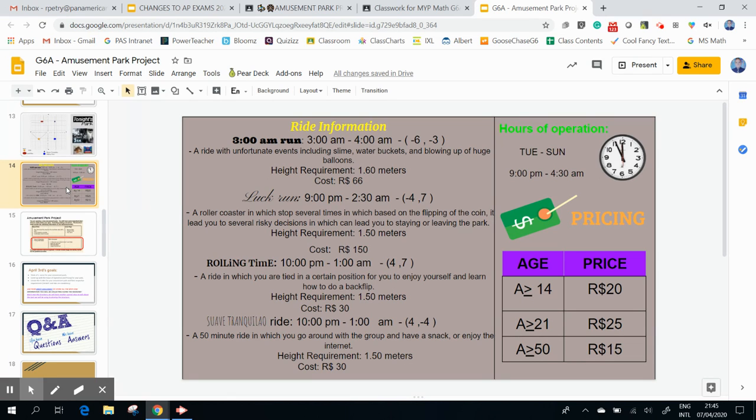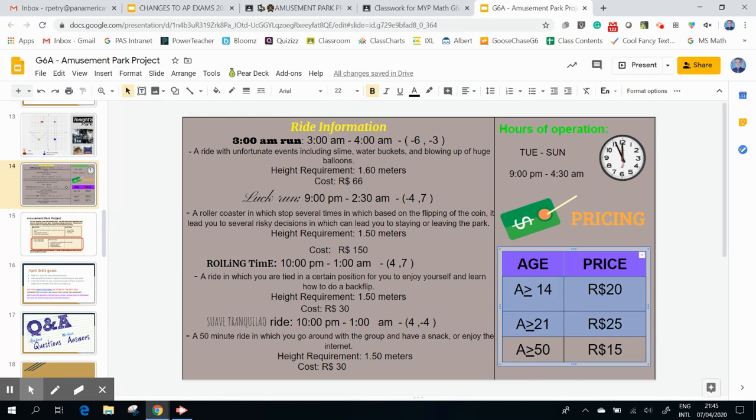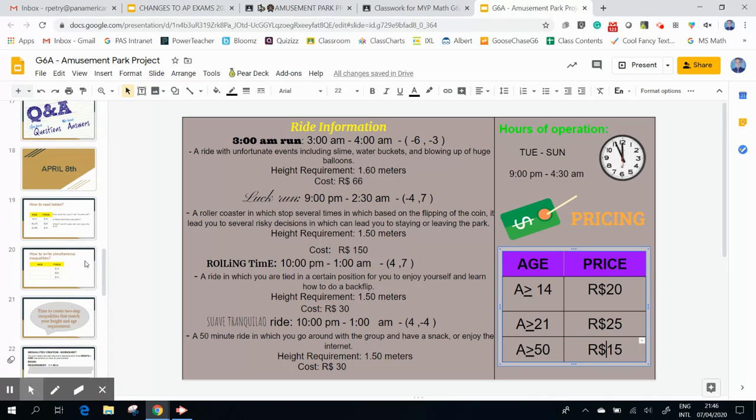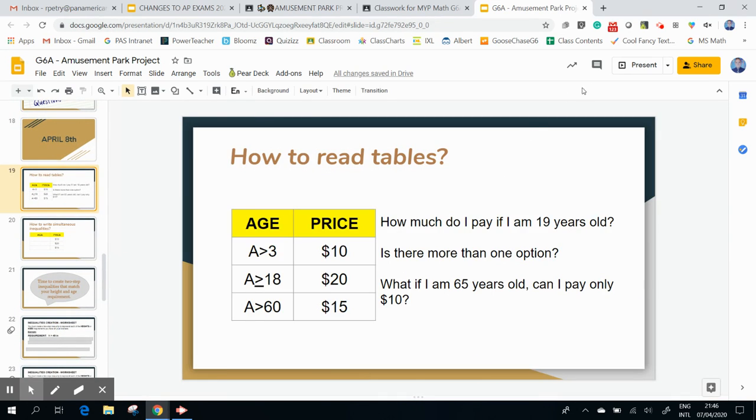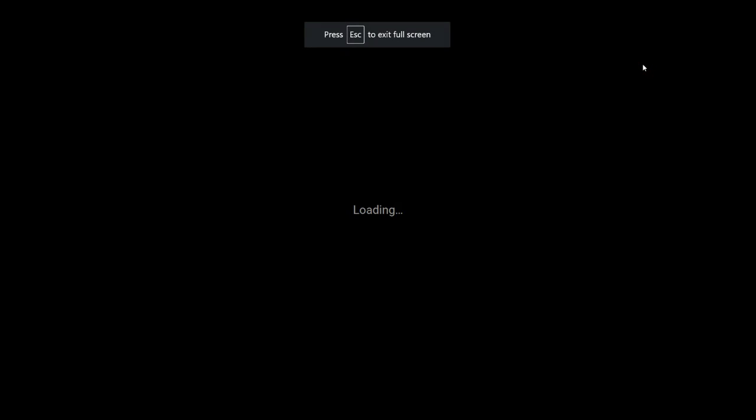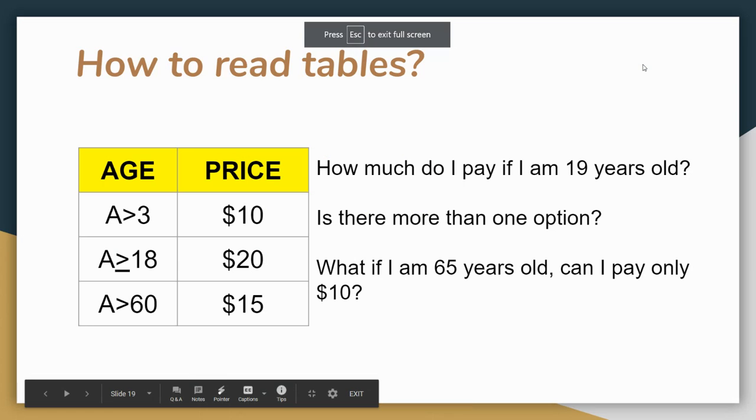So some people asked me about this table here of age and price, and that's what I want to go over now, okay? So this table here that is on your bottom right here, some people called attention that it's not completely right. So let me ask you some questions here, okay? Let's say here, I have this table reading mathematically.